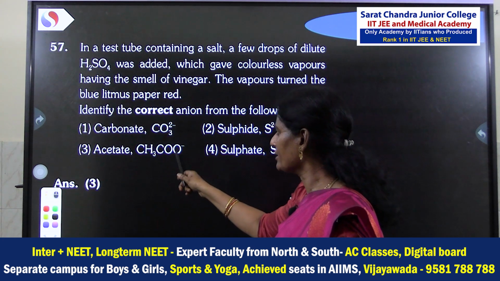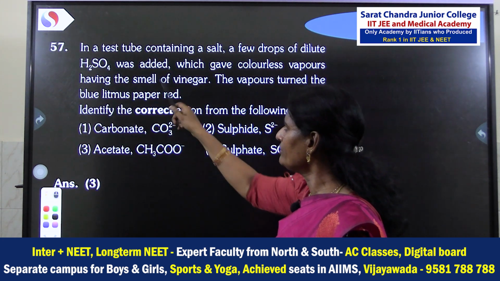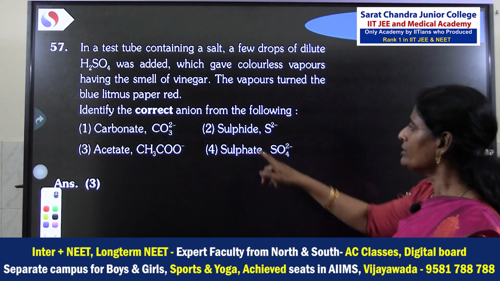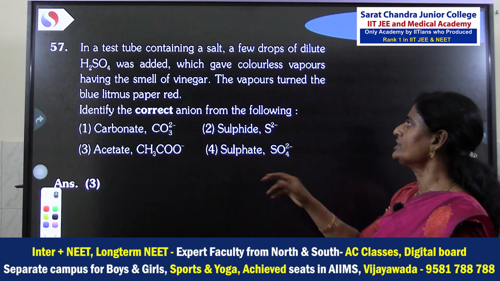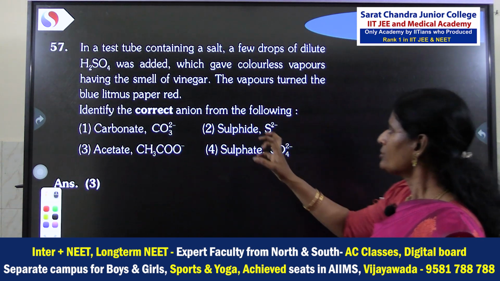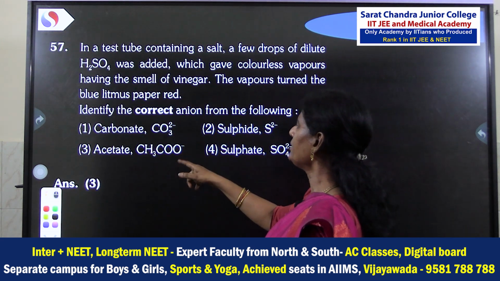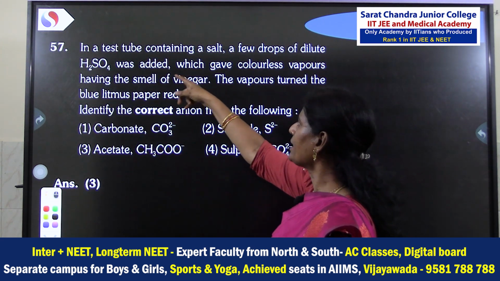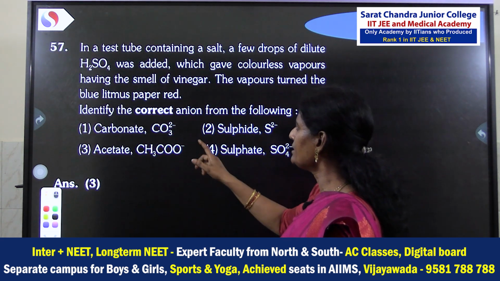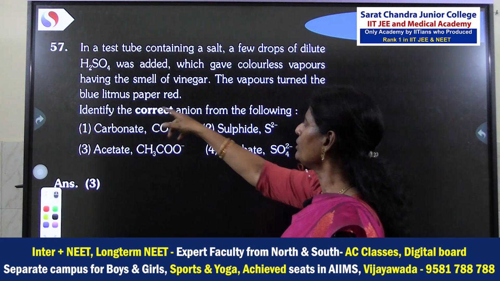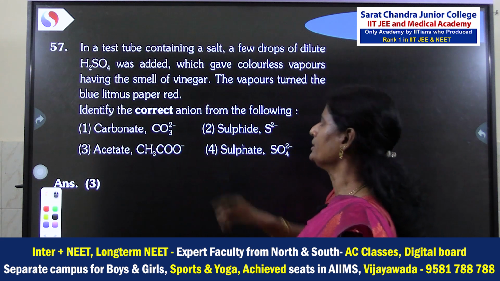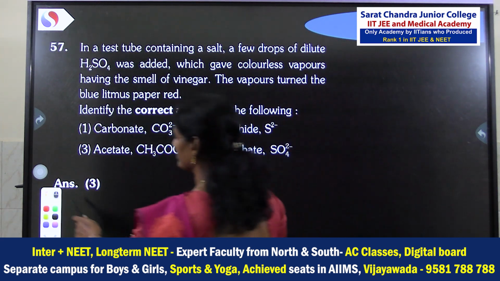Whereas acetate ion, when treated with dilute sulfuric acid, forms acetic acid. That acetic acid gives the characteristic smell of vinegar and turns blue litmus paper red. So the correct option is the third one, acetate ion.